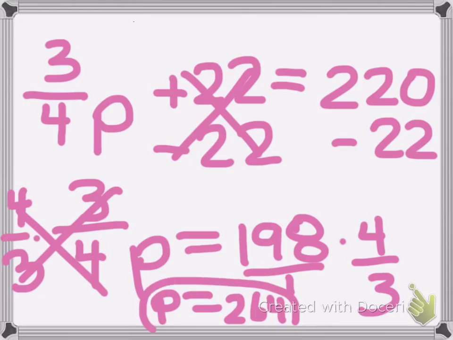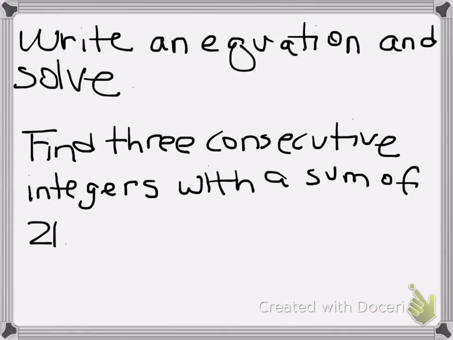The last part is when you're thinking of consecutive numbers. Usually you have a number and then you think of consecutive would be the number after it and then the number after that and then the number after that and so on. So let's represent a consecutive integer with the variable n.